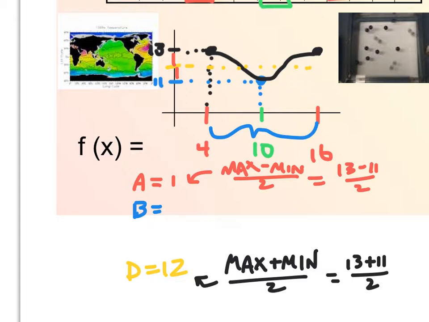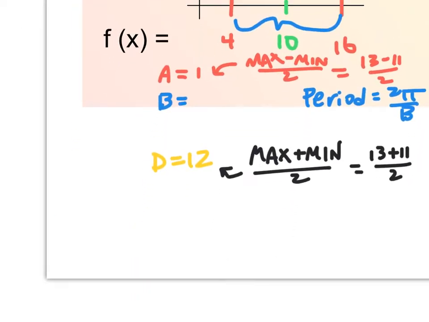All right, so let's do some work over here. Period is given by 2 pi over b. Well, if 2 pi over b equals the period, then 2 pi over b equals 12.